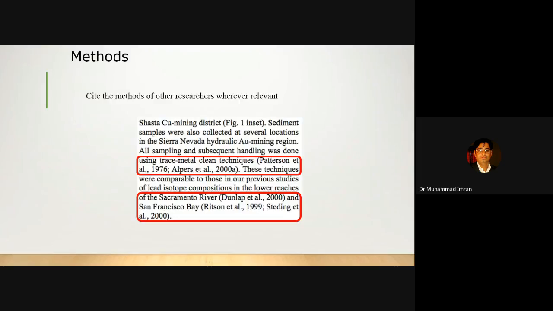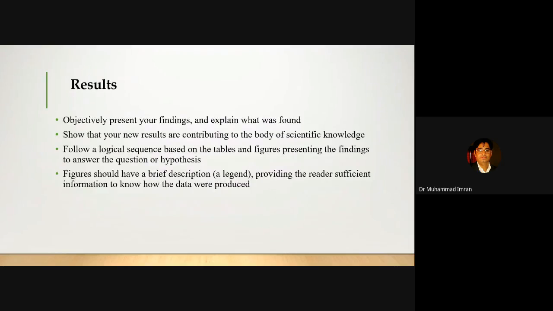In methodology, if you follow the method of a scientist, then you have to put the reference of that author from where you have taken the data of your methodology. Results should be precise, objectively presenting your findings and explaining what was found.